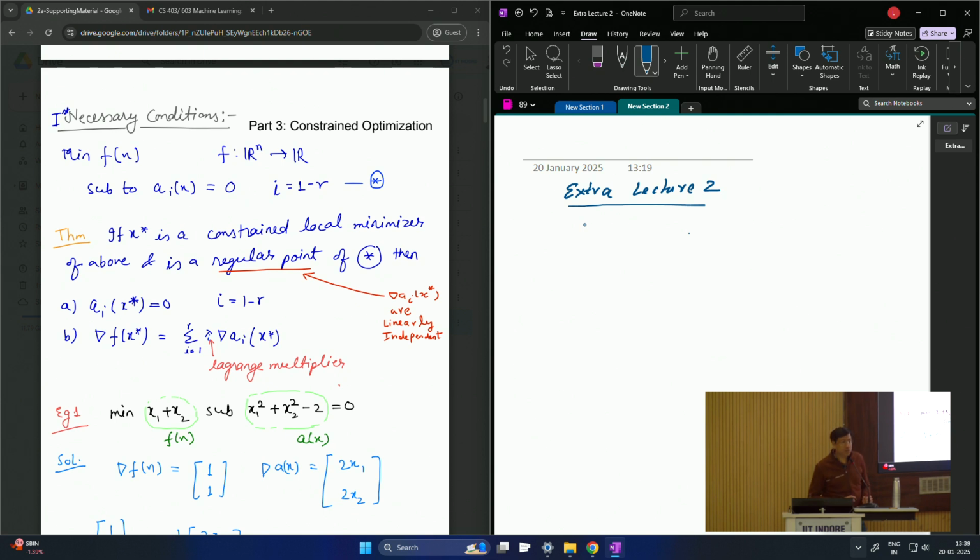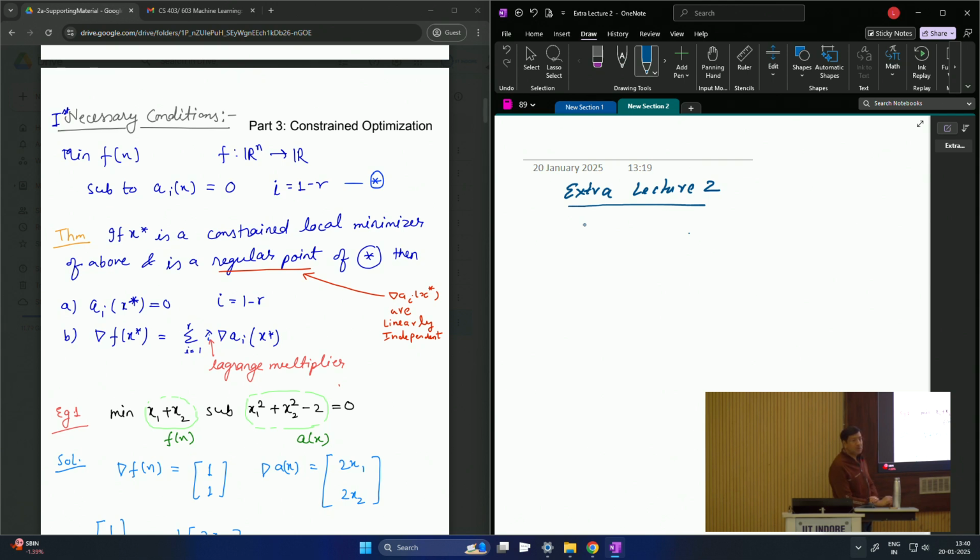So we have already seen unconstrained optimization. What is unconstrained optimization? Only the objective, no constraints, right? Constrained optimization is where there is some sort of a constraint. And what was the necessary condition for finding a minimum in unconstrained optimization? Gradient is 0.